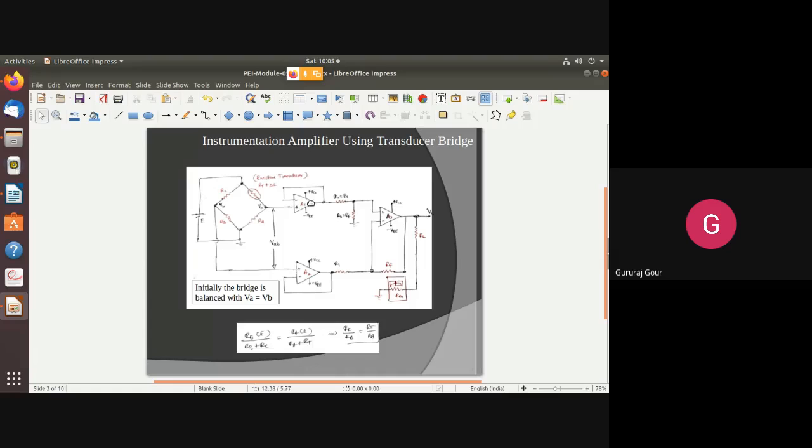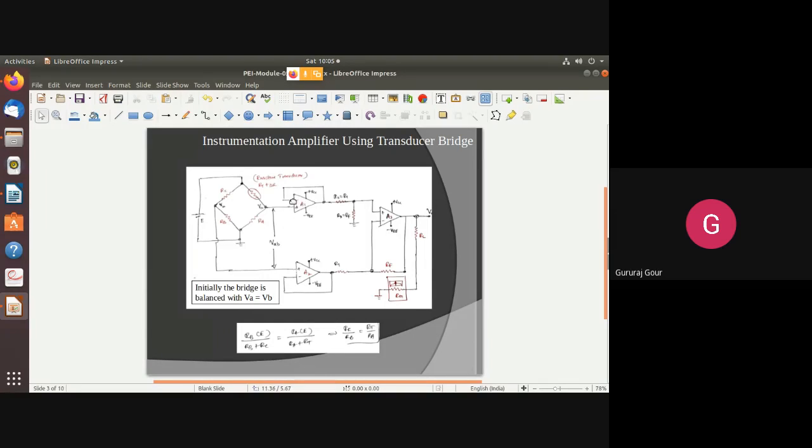Here we have two op amps with adjustable gains, named A1 and A2. The top one, you can see the input we are applying to the positive terminal, hence it is treated as a non-inverting amplifier. A2 also has input applied to the positive terminal, so it is a second non-inverting operational amplifier.